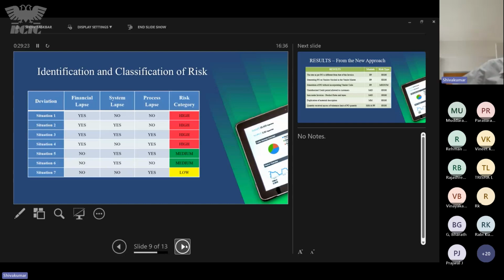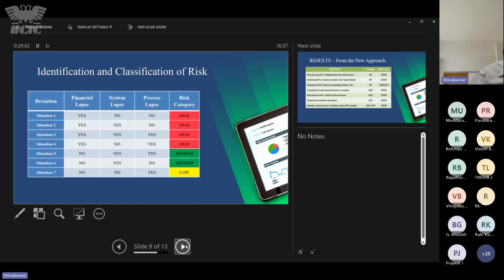And then make a combination of these: system lapses and financial lapses, system lapses and procedural lapses, financial lapses and procedural lapses. So you get an array of lapses, which get converted into the risk factors that we can take into account.